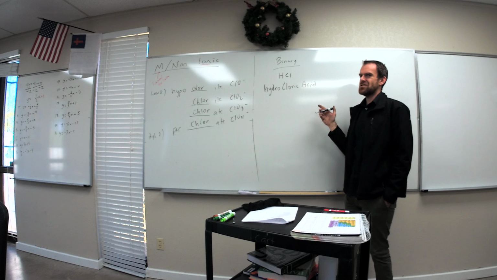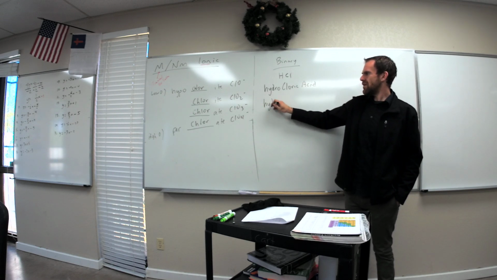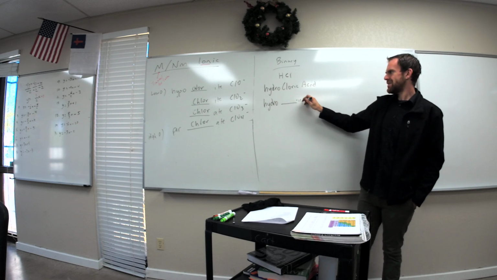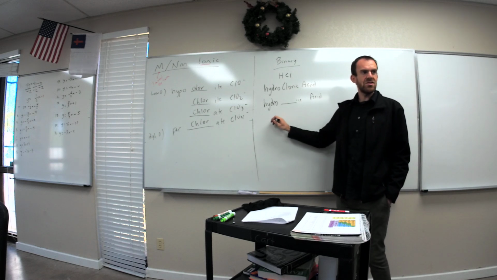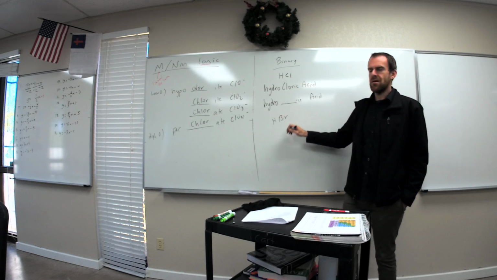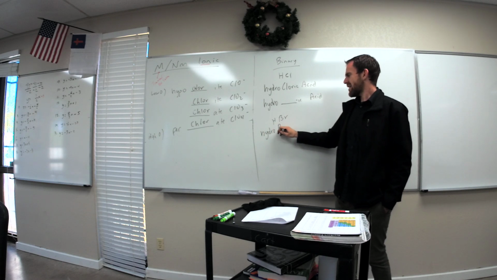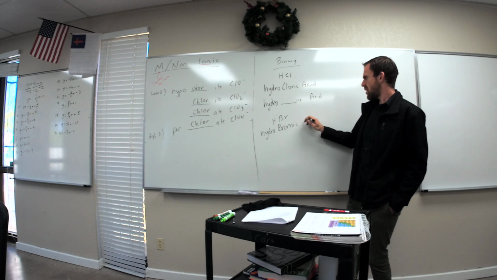I like to think of HCl and then remember how to do it for the rest of them. You put hydro in front, the element name with an -ic at the end, and then acid. So HBr would be hydrobromic.